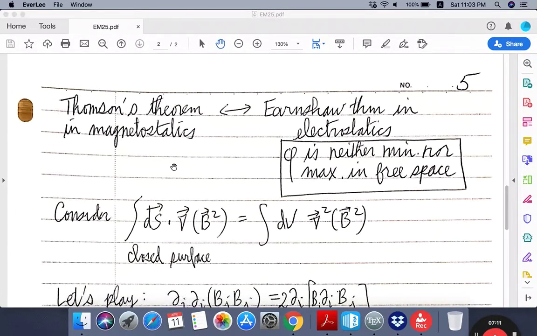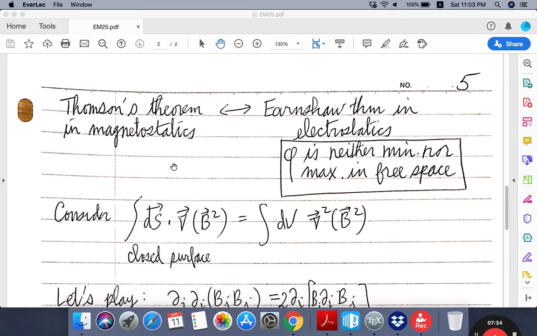Okay, so the other interesting factoid about magnetostatics is something known as Thomson's theorem. This Thomson is the same guy as Lord Kelvin. Thomson is someone who did all kinds of things in all kinds of fields, including the field of electrodynamics.